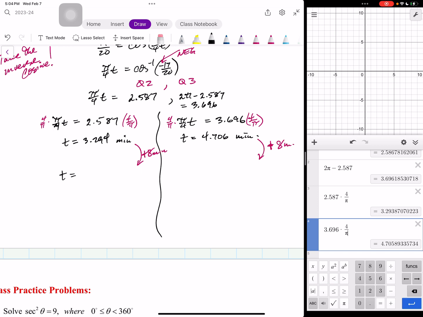So my next time is 3 plus 8 is 11, so 11.294 minutes. Then add 8 again, 19.294 minutes. If I add 8 again, 19 and 8 is 27, so 27.294. But this is longer than the ride, so we're going to exclude that one.